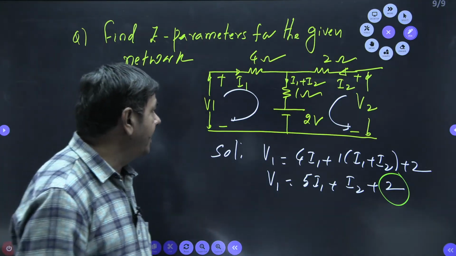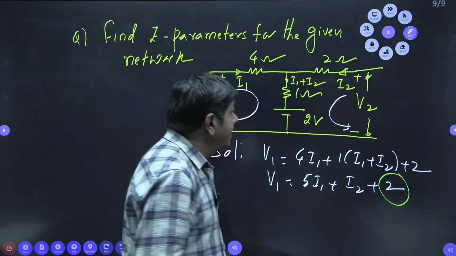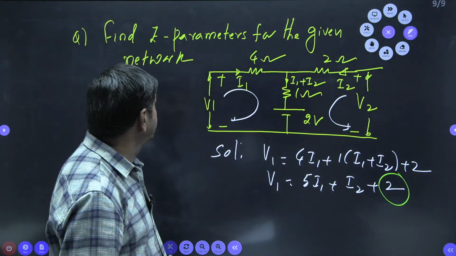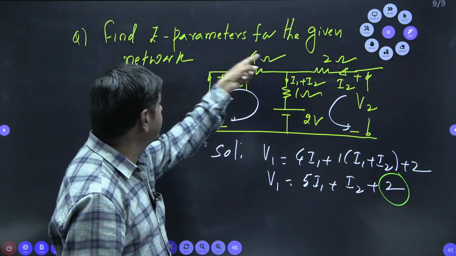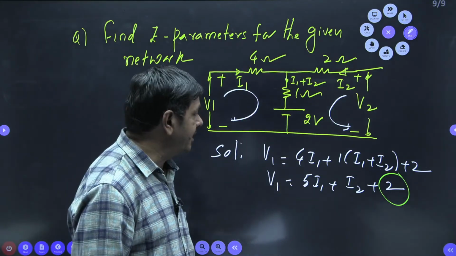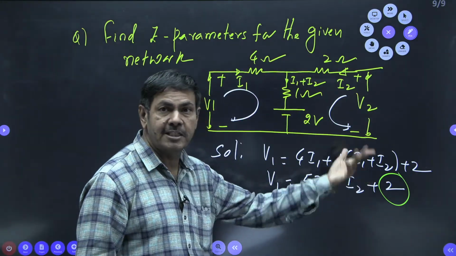So we can write directly that it is not possible to get the Z parameters from the given network. Understand? Because you will not get it in the form of the Z parameter equation.